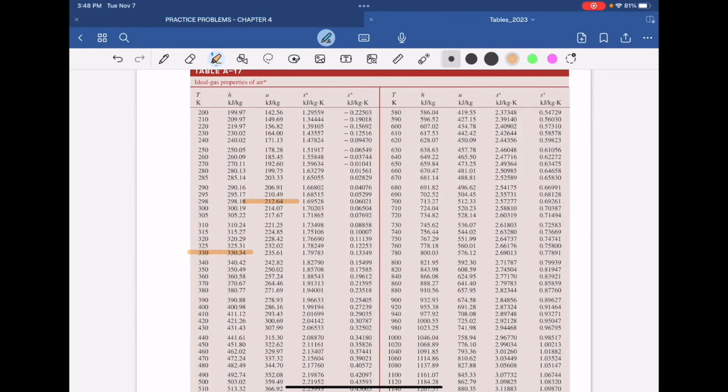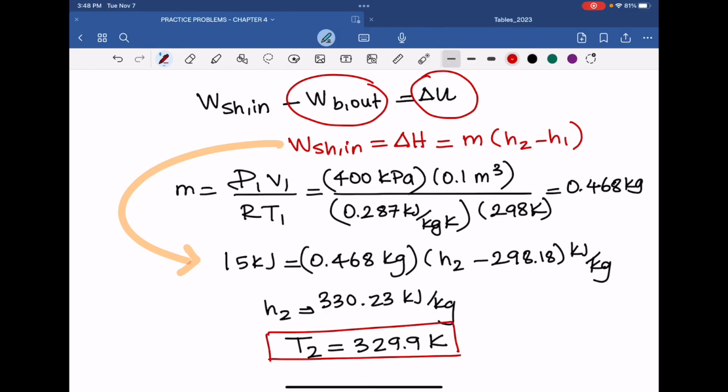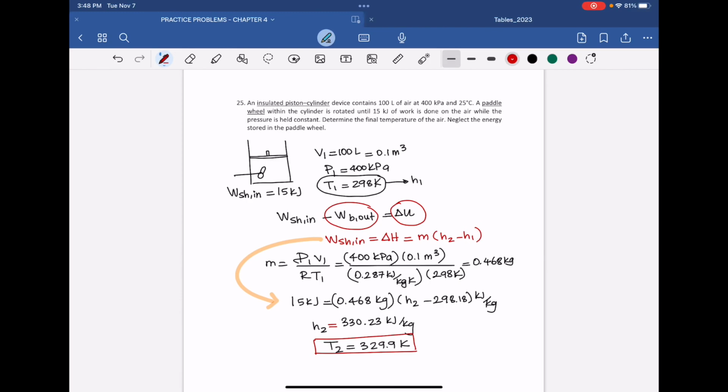Enthalpy is 320.23, so we might need to do some interpolation, and the temperature is actually very close to 330, but it is 329.9 Kelvin. Okay, I think this is it. Let me check. They just ask for the temperature, right? That's it.